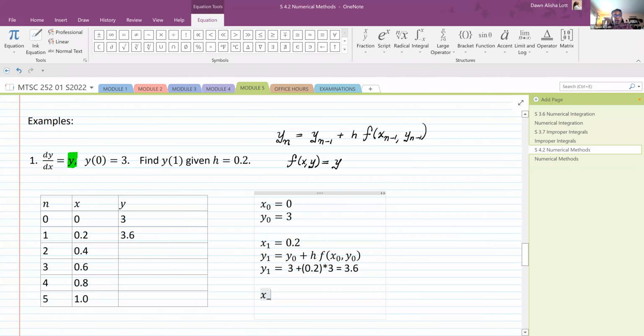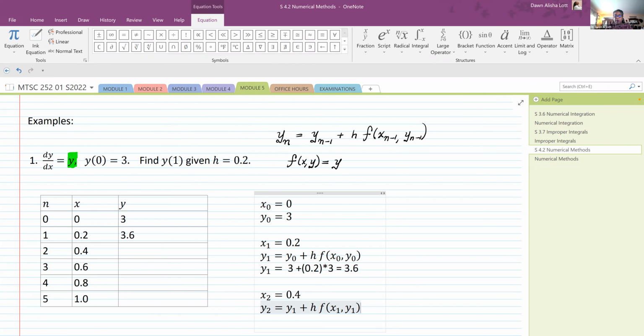x2 we already said is 0.4. y2 is going to be y1 plus h times f of x1, y1.